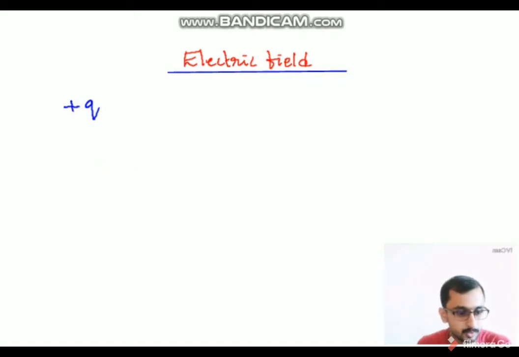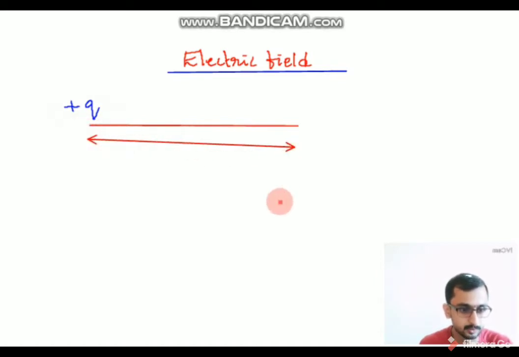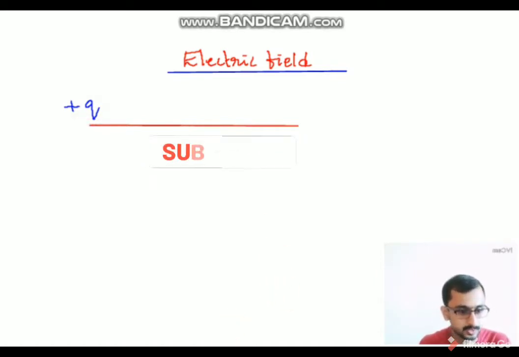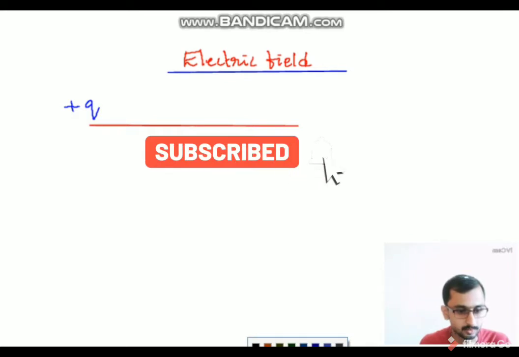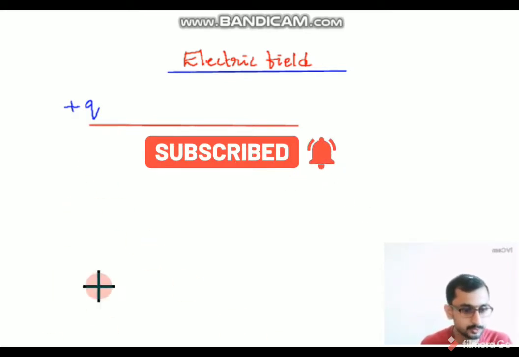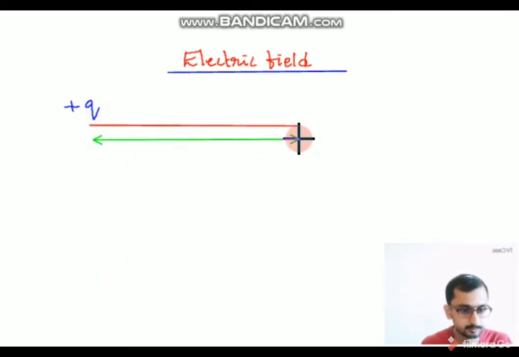Now at a certain distance from this charge, let the distance be r, there is a point P. Let's consider a point P at a distance r from the charge q.